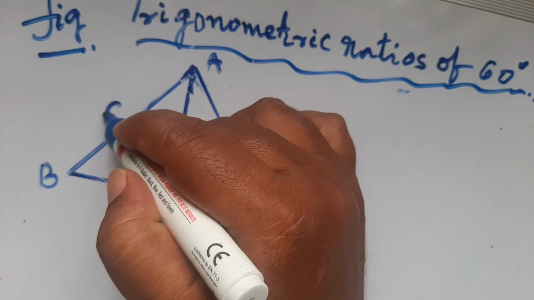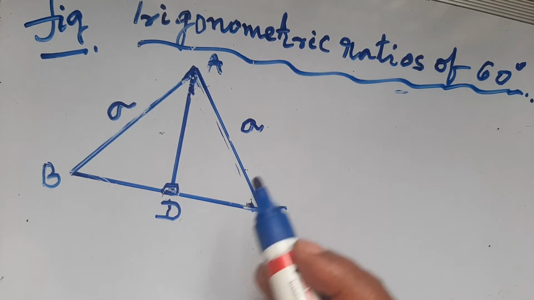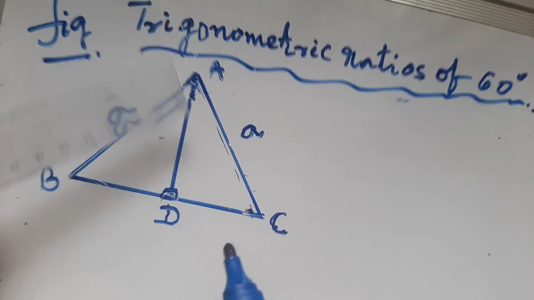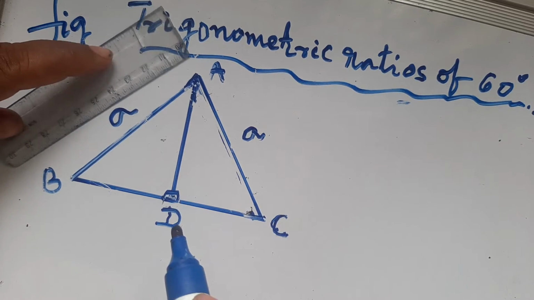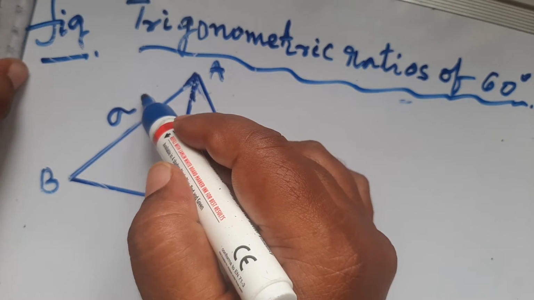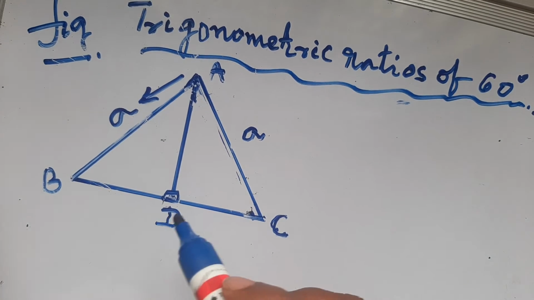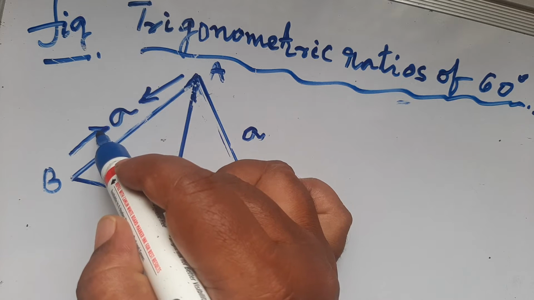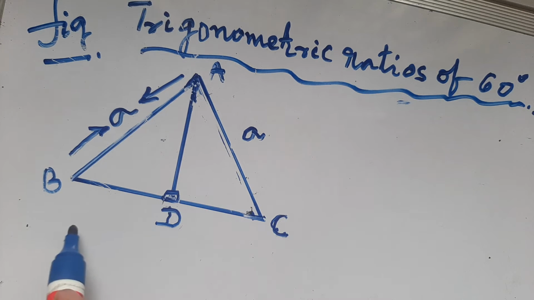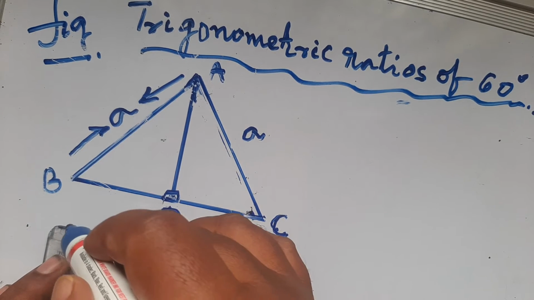That's why we can take this as side A and this is also side A. You have to draw this. Put the arrow mark like that, and here also write side AB as A, and here also you can write this.